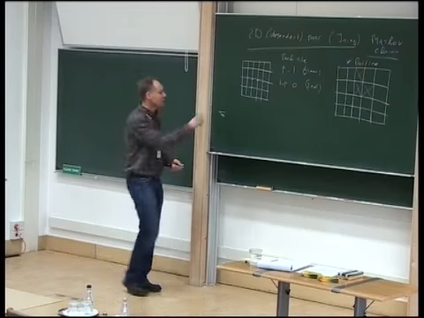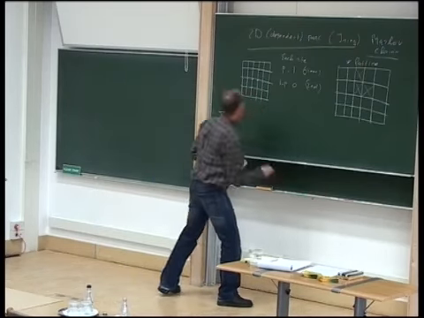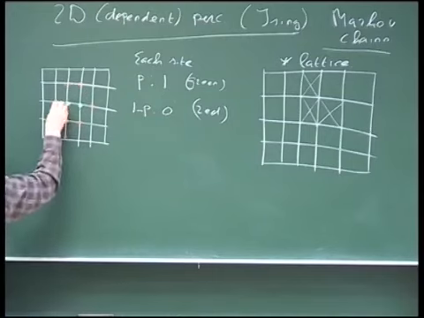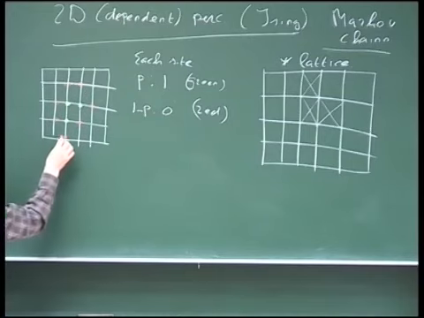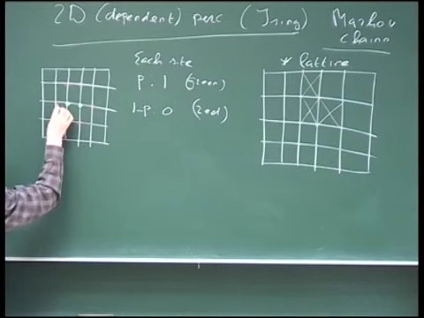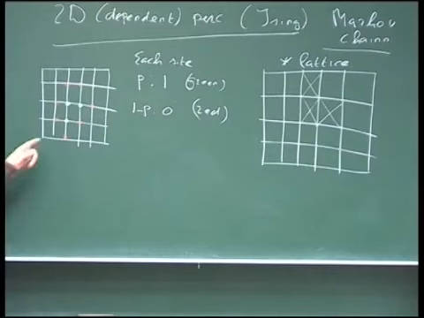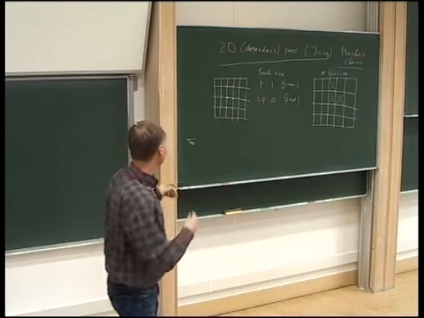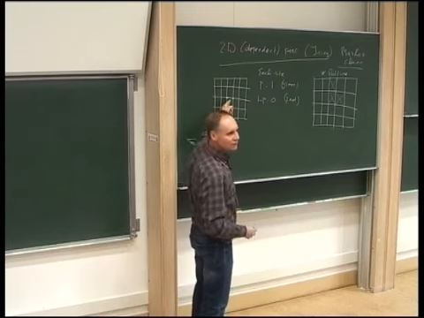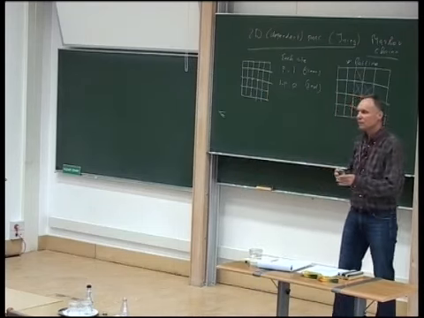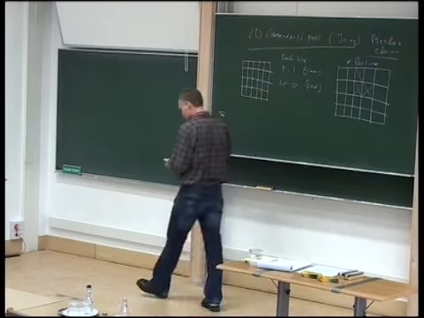By definition that means that the neighbors of these points are red. So this point is red, this is red, this is red, this is red, this is red, and this is red. Now you can see that if I follow these red vertices, then I have a kind of circuit of red vertices. But this is a circuit in terms of the star lattice, because at some places I have to go diagonal-wise. In other words, every finite green cluster in the ordinary lattice is surrounded by a red circuit in the star lattice. And so this already gives the idea about this relation between the percolation models on the two lattices.